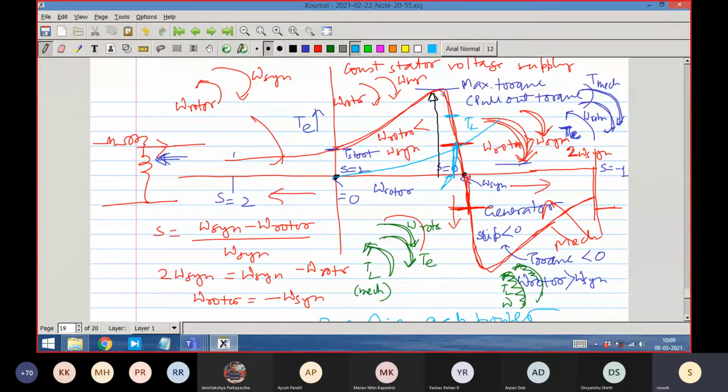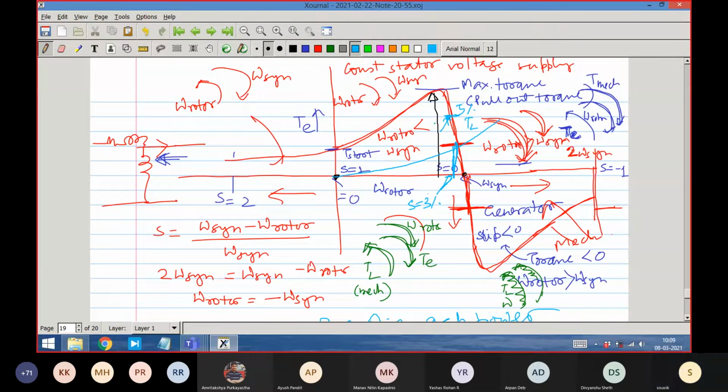You have to choose a higher frame size machine which produces, suppose this slip is at 3%. Suppose if I had chosen this, the slip would have been 5%. For this machine, this higher value of torque is produced at 5% slip, let us say.